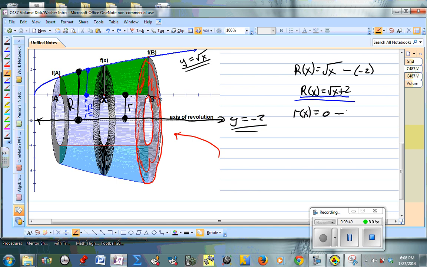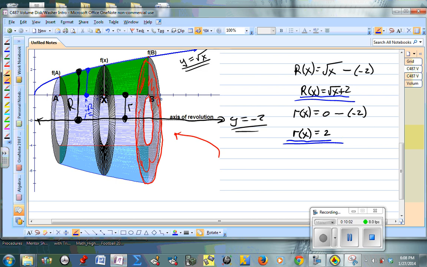So minus. Now, what's at the bottom of our radius segment? Well, it looks like we can call that the horizontal line y equals -2. So once again, 0 minus -2 is really just 2. You can tell that the little radius is constant. That's why there's no variable in the expression.